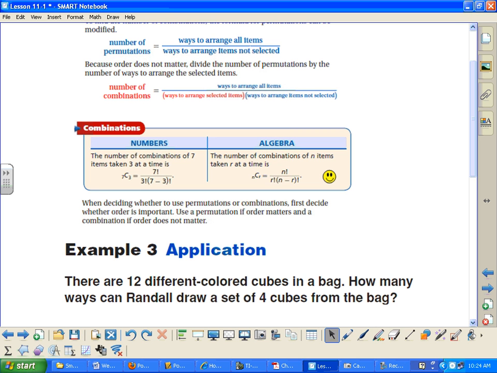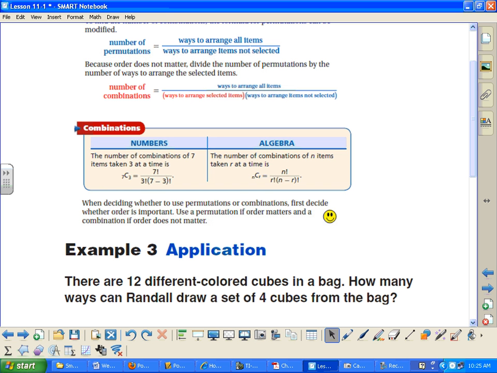So you can tell it looks exactly like the permutation one, except we've got n factorial in the numerator, n minus r factorial in the denominator, but then we're going to multiply it by r factorial. So the number of items in the numerator, in the denominator we have the items not selected times the items selected in factorials. Okay. So we're going to use a permutation if order matters. Use a combination if order does not matter.